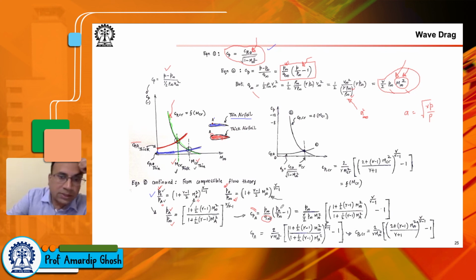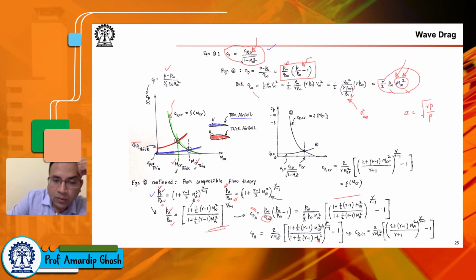This is the ratio of static pressure at location A divided by static pressure at free stream, which follows from this relation. So Cp at A can be written in this form. Here you see that at the location A we have MA, whereas at free stream we have M infinity.